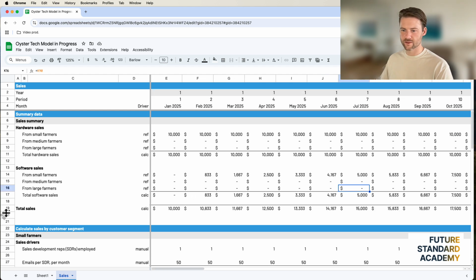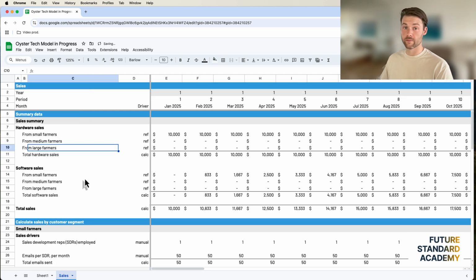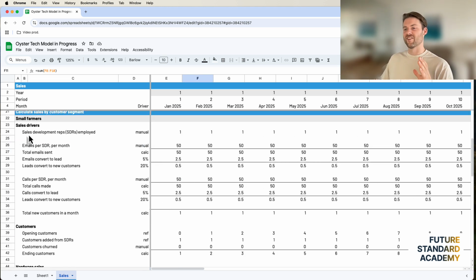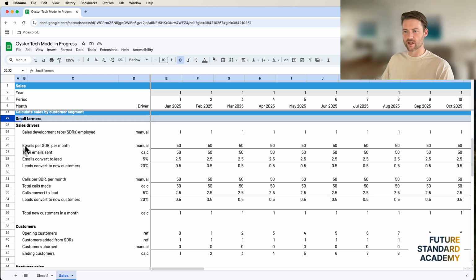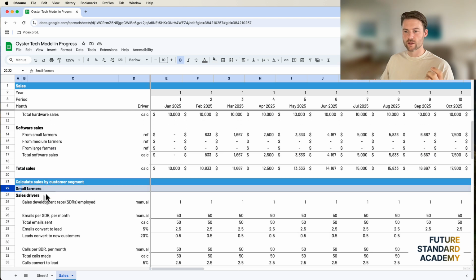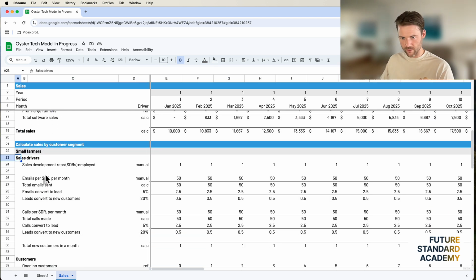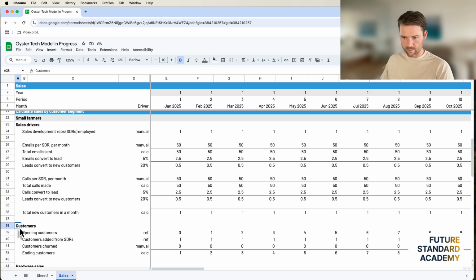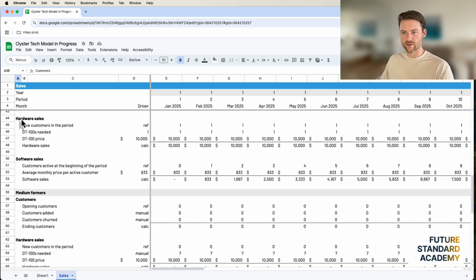Okay, so that's how you do sales. That's the biggest one. Frankly, if you can get the categories of customers that you're selling to in whatever market you're selling, and if you can break these categories down into what's driving sales for each customer archetype, how many customers you're going to have, what you're selling to them, when that sale is going to happen, the quantity of whatever it is that's being sold, and what price you're selling it at, that's by far the majority of the work that's going to happen here.